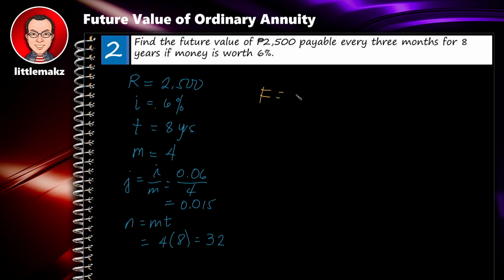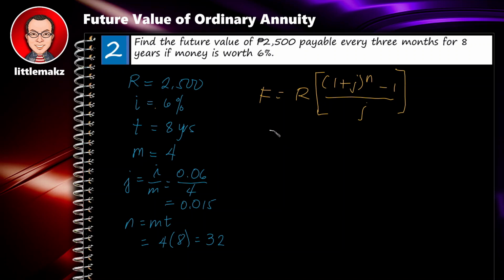F is equal to R times the quantity 1 plus J raised to the power of N minus 1, divided by J. We have R is equal to 2,500.